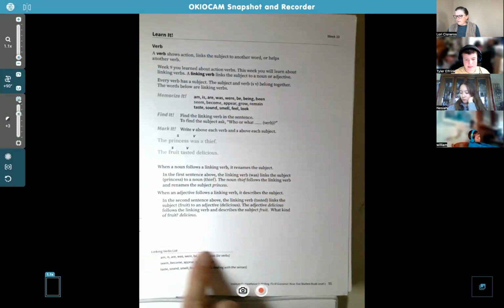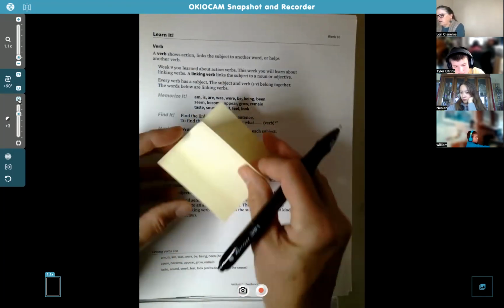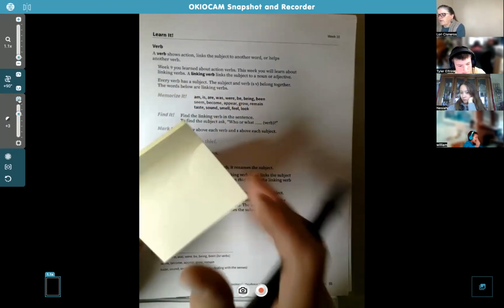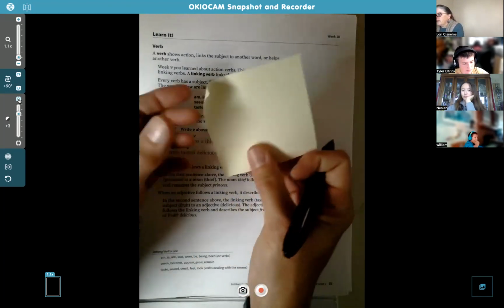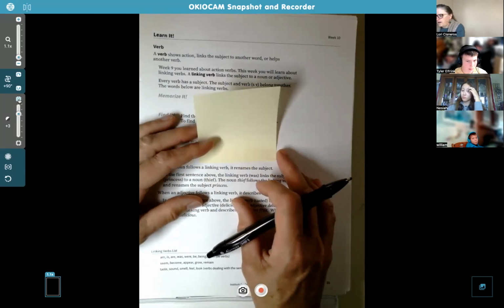And down here on the bottom, you have the list again. So this would be a good page if you have a Post-it note to stick on the top here for linking verbs. And this would be good to help you when you do your homework. So I always like to use the sticky, the part that's sticky goes down so that this sticks up.